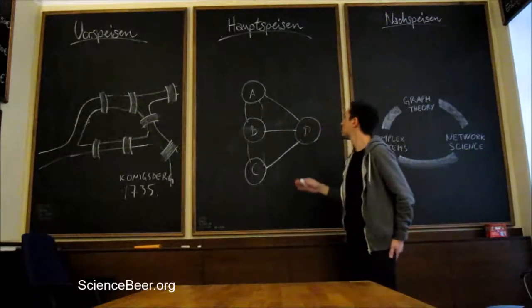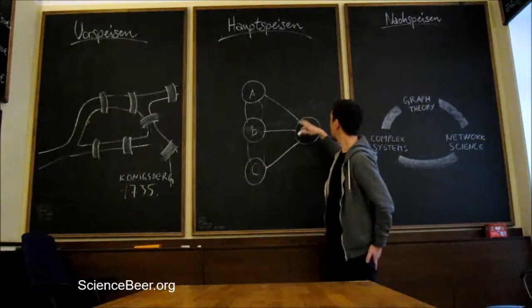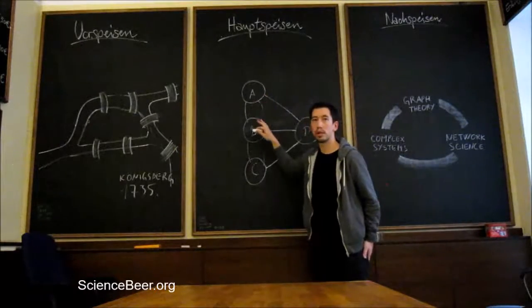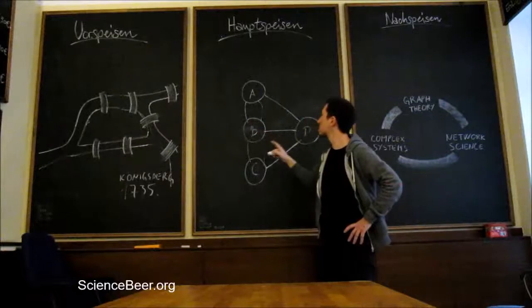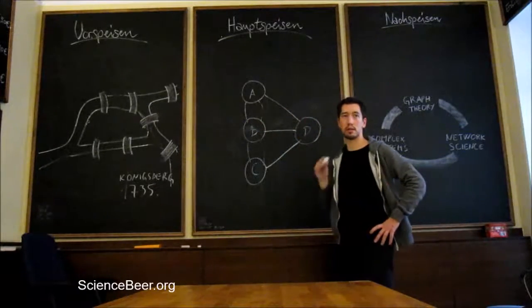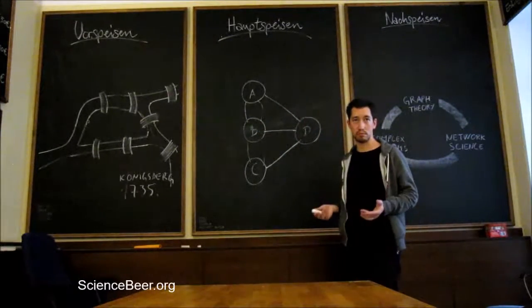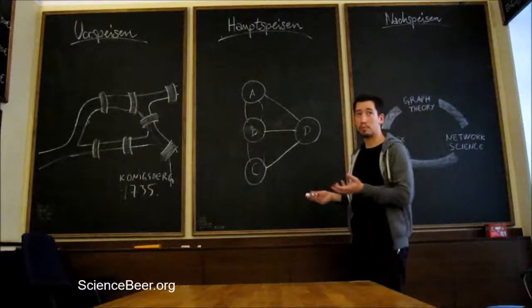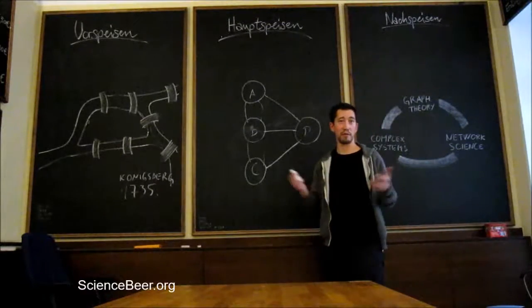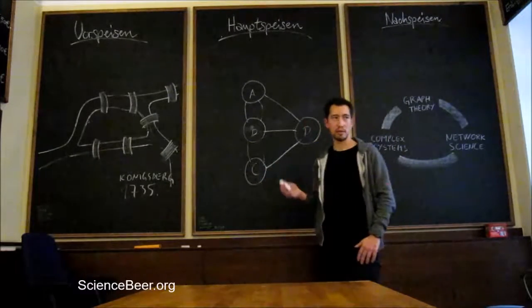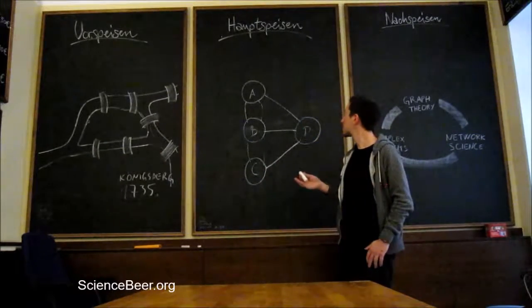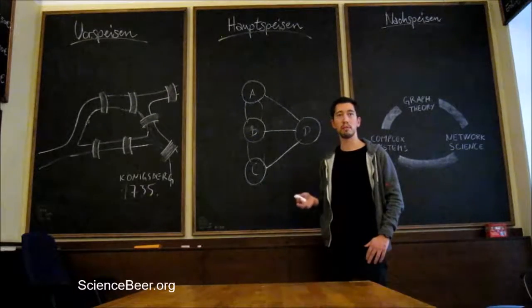So the question is, if you can visit every node here without crossing each of the edges twice. The simple answer is no. You cannot do it. Why is that important for our everyday lives? Because that's the first time in history that a mathematical proof was made by graphs.